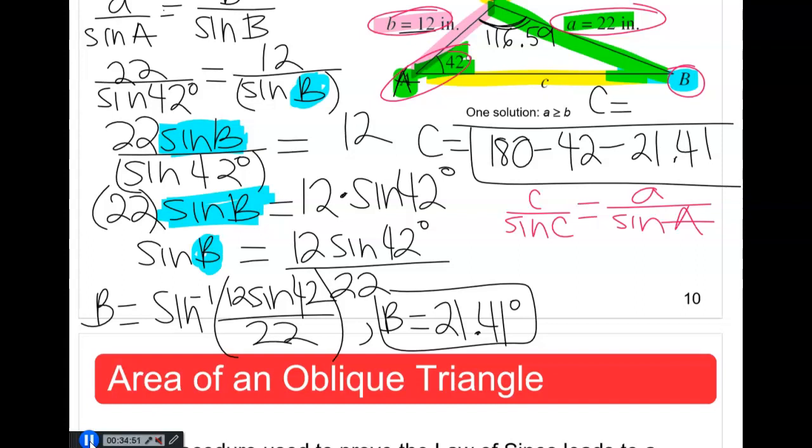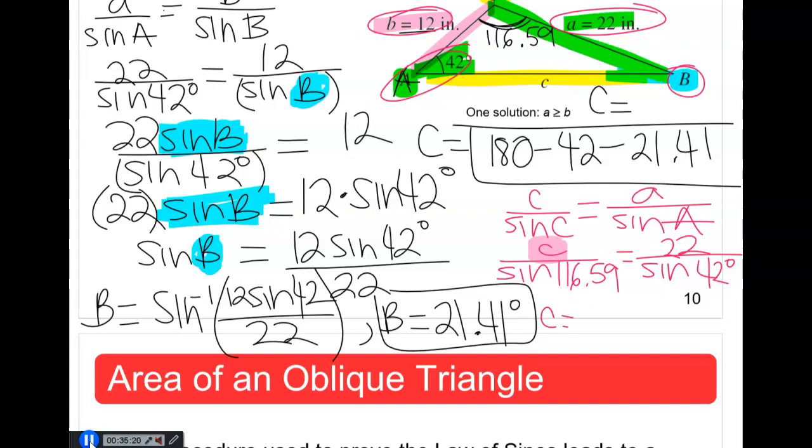So for side C, that's what we're looking for. Angle C, we estimated that to be 116.59. And we have side A was 22, that was given to us. And then the sine of angle A, which is 42 degrees. So to solve for C, I'm going to need a little more space.